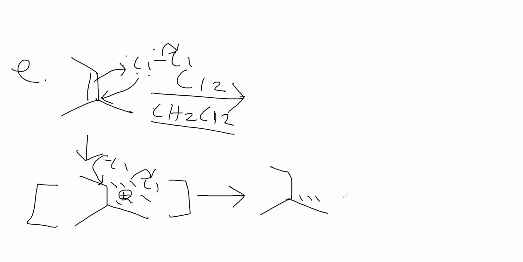So this is going to be a dash, this is going to be a wedge. They're trans, it's anti, and there's no Markovnikov or anti-Markovnikov here because we just added two chlorines. It doesn't matter which one went where. All that matters is that they're trans to each other at the end. That's because of this cyclic intermediate with the cation in the middle and how the chlorine comes in.